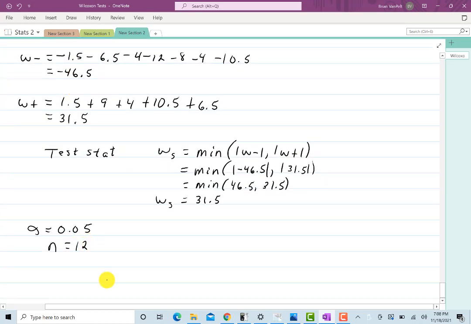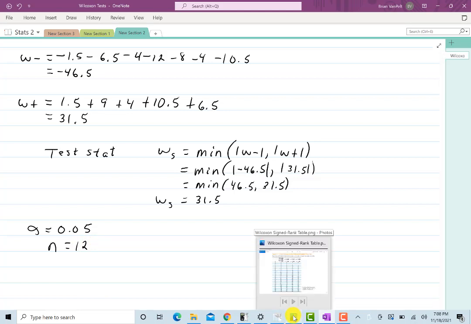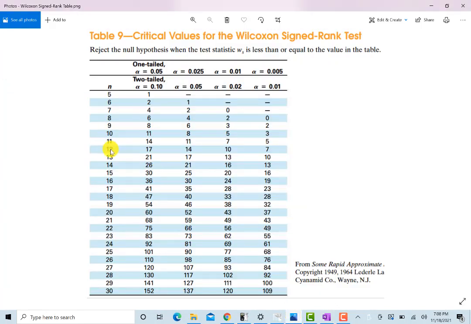Let's go ahead and pull up the signed rank table. We have n is 12. We're doing two-tailed alpha equals 0.05. And it looks like our critical number here is 14. That comes straight from the table.